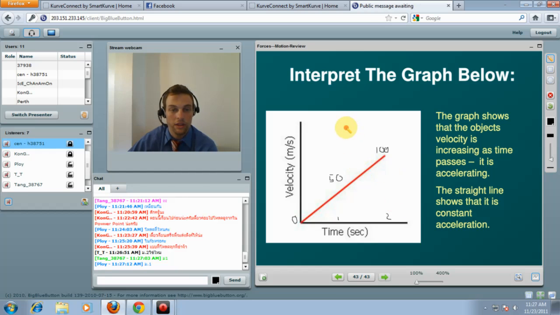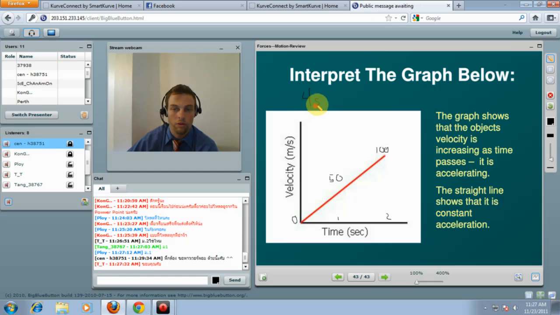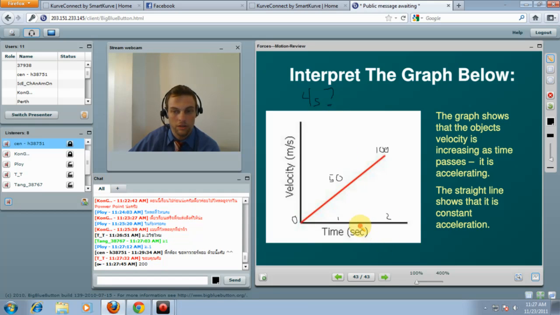So if you want something to think about for later, what speed is this car going to be going after 4 seconds? How fast is it going to be going after 4 seconds? Yeah, perfect. 200. You got it.